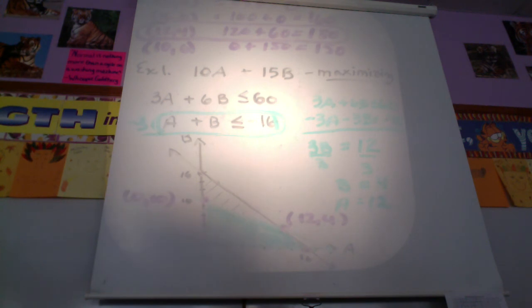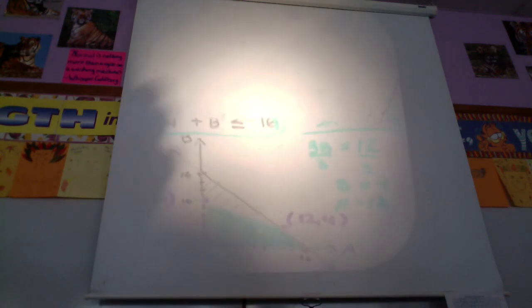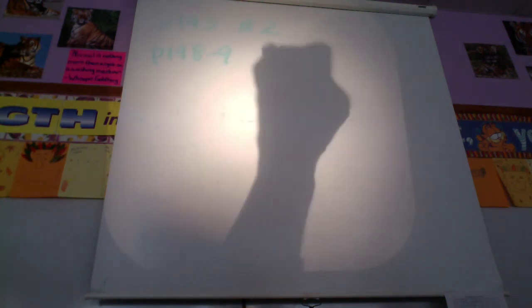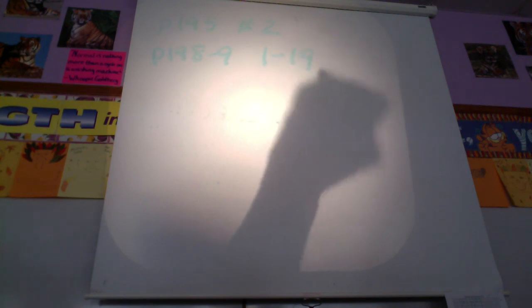So, homework-wise, we're going to review for a test and do maybe 2 problems like this, okay? So, on page 195, I want you to do question number 2. And on page 198 through 199, I want you to do questions 1 through 19.